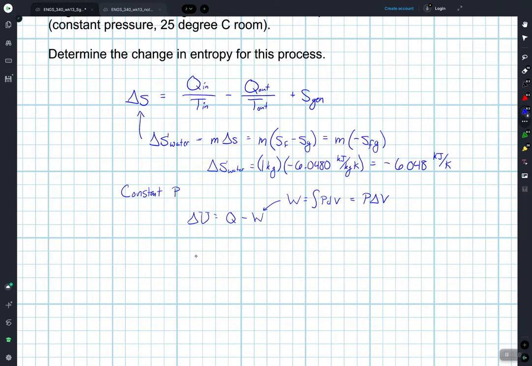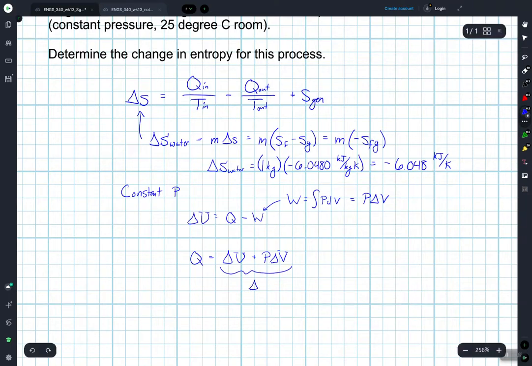Then we can write Q equals delta U plus P delta V. And this, again, maybe you don't recognize it, but this is just equal to delta H. Right?